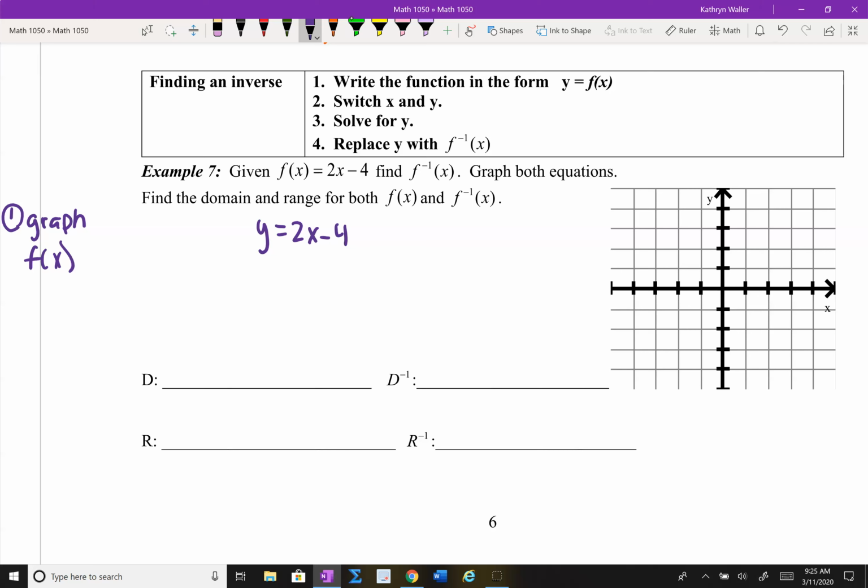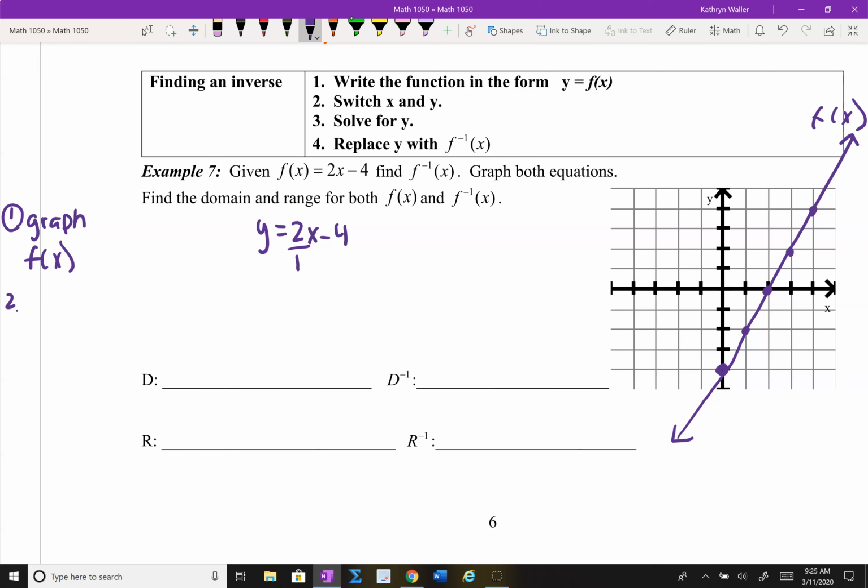What is it? It's just a line, okay? So everybody go down 4, make a dot, and the slope is 2 over 1. So from that dot, you're going to go up 2, right 1, up 2, right 1, up 2, right 1, up 2, right 1, and you're going to draw that line very nice and long. And you're going to label it f of x.